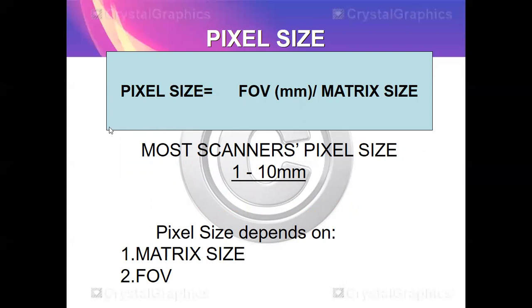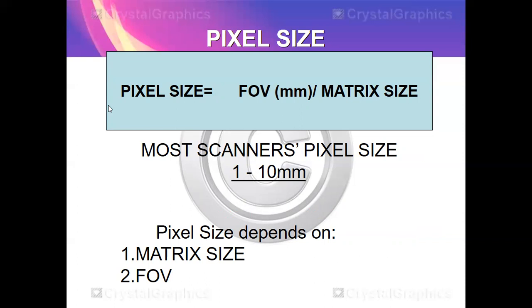To determine the pixel size, pixel size is equal to the FOV expressed in millimeters divided by the matrix size. We got this from the matrix size formula earlier: matrix size is equal to FOV divided by pixel size. If we want to calculate the pixel size, we transpose it to FOV divided by the matrix size.